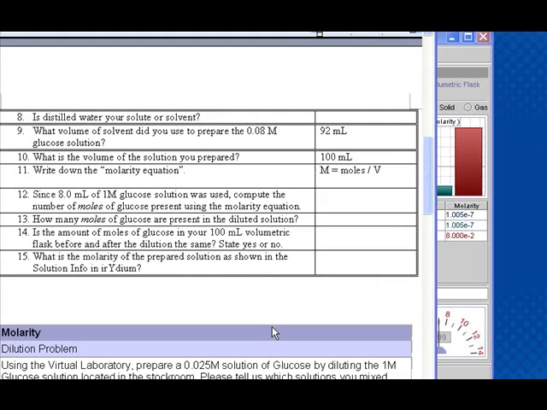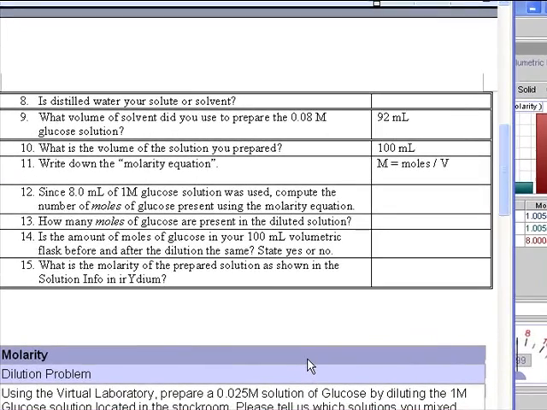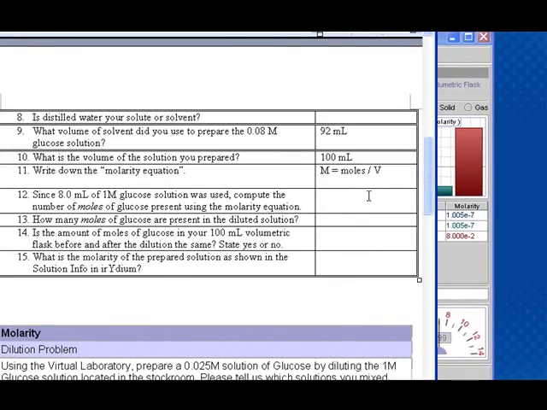So originally it was 1 m, and that equals the number of moles divided by the volume of 8.0 milliliters, because that's what I put in.